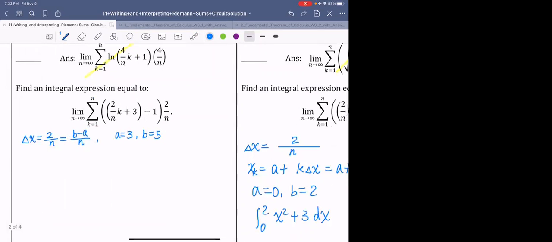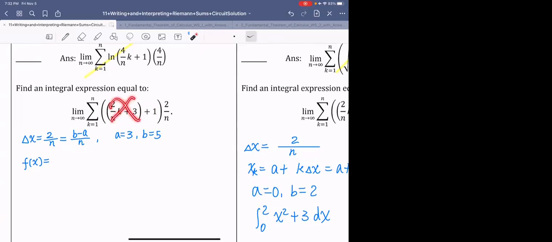So now can you tell me who is the fx? Fx here is that guy. This is your x, and this is the y.